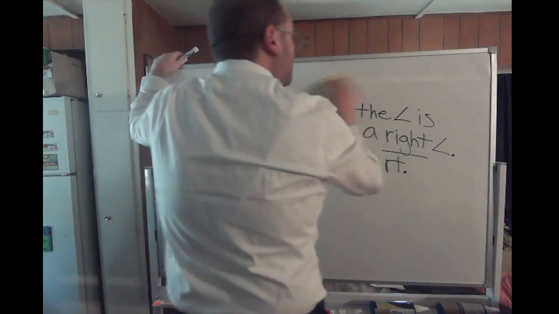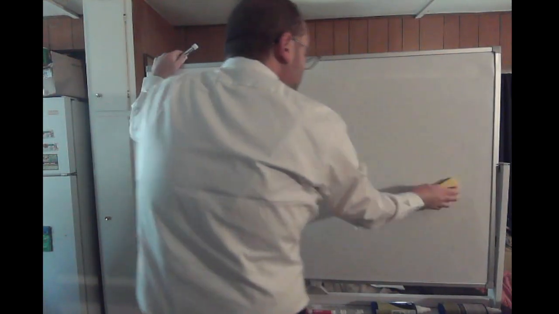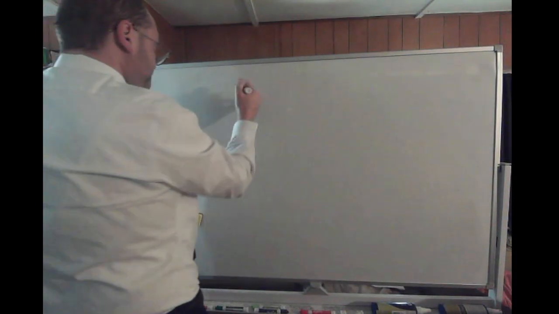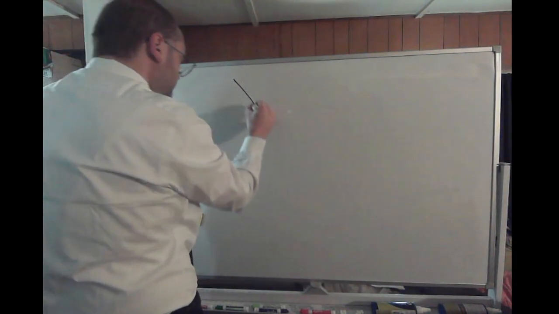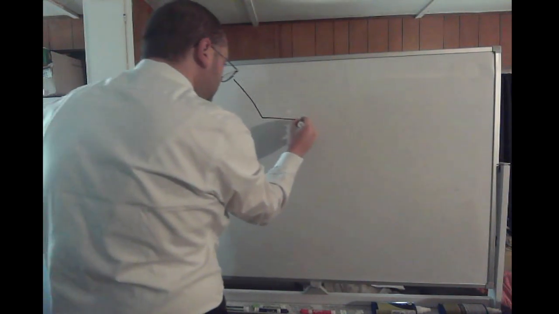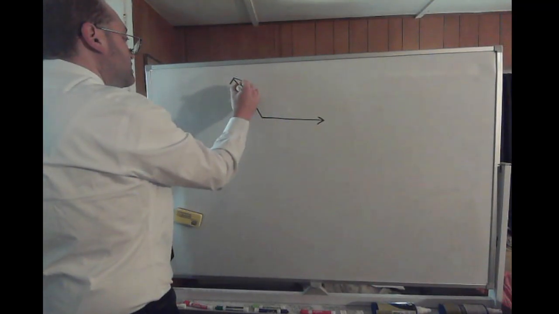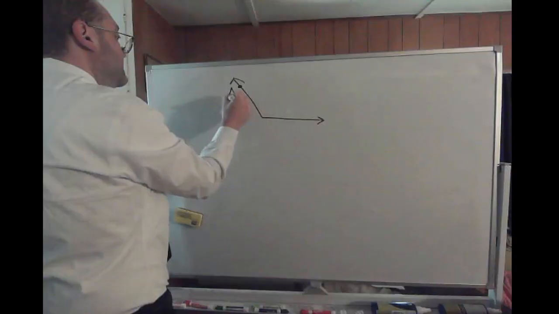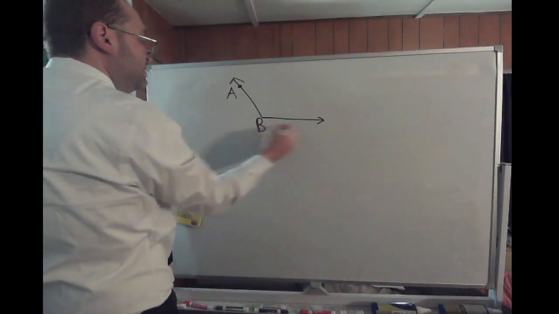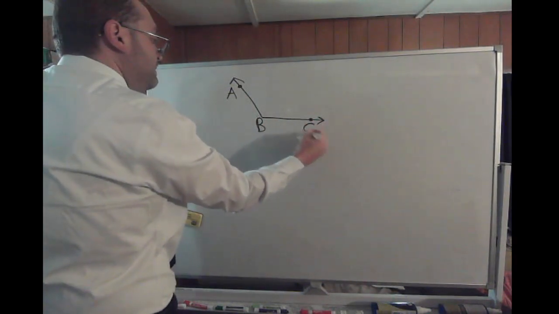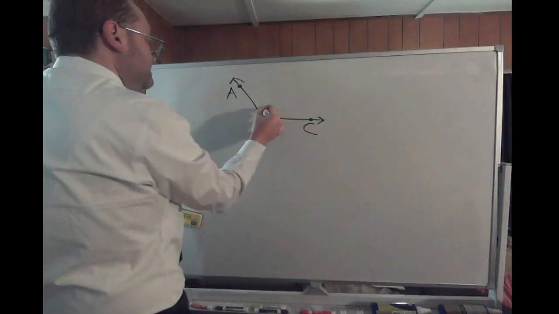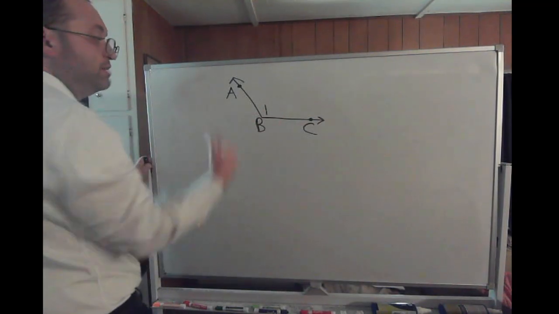Which now we're about to get into the obtuse angles. Here's A, here's B, here's C. We'll call this angle 1 also. We'll number it even.